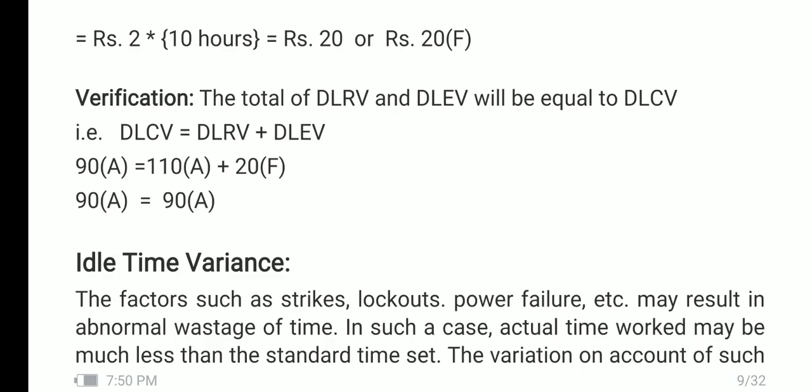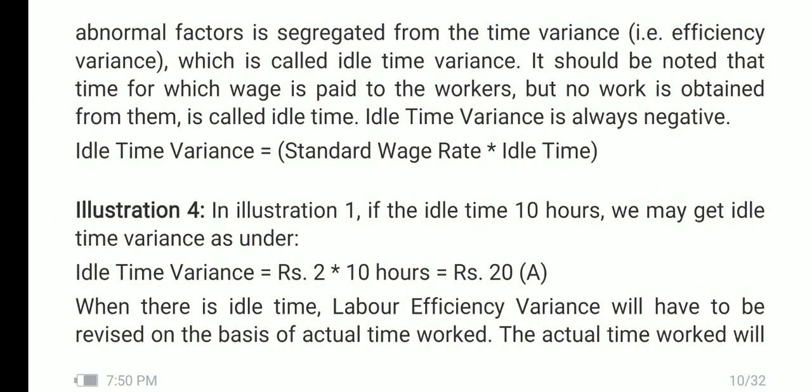The variation on account of such abnormal factors is segregated from time variance, that is efficiency variance, which is called idle time variance. It should be noted that time for which wage is paid to the workers but no work is obtained from them is called idle time.